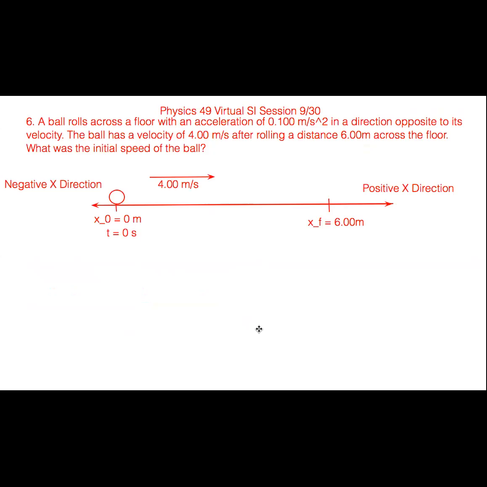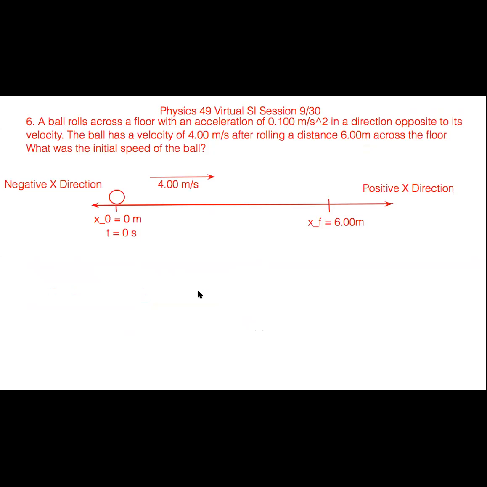So in this problem particularly, which direction is the acceleration in? Well, reading the first sentence, it says a ball rolls across a floor with an acceleration of a certain number in a direction opposite to its velocity.